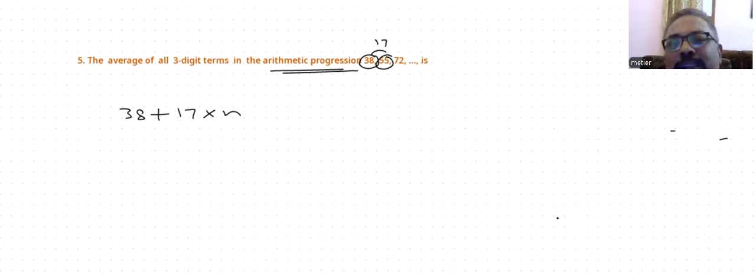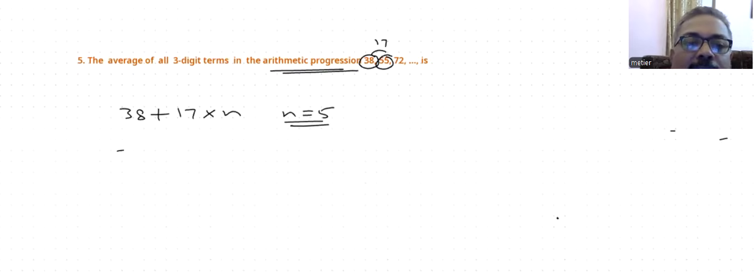So let's go with the multiple of 17 which is very close to 100. It is 85. So if you put n equal to 5, you will get 38 plus 17 into 5, which is 38 plus 85.